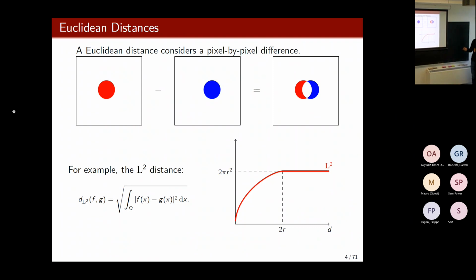Now we can think of parameterizing this. Maybe we fix the red ball and move the blue ball a distance r, say horizontally, and then ask what the distance is as a function of r. It'll look something like this. What we can notice in particular is that once r is bigger than the radius of the ball, the L2 distance is constant. Why is this a problem?